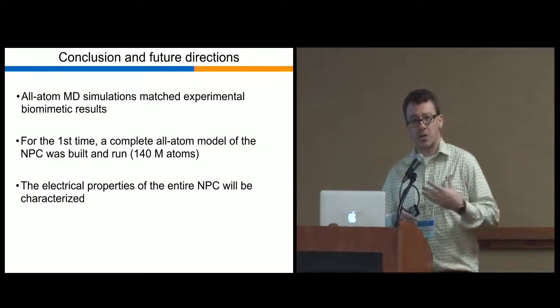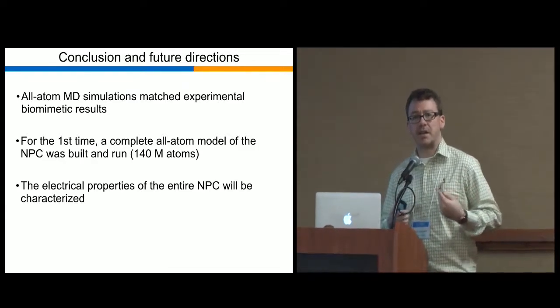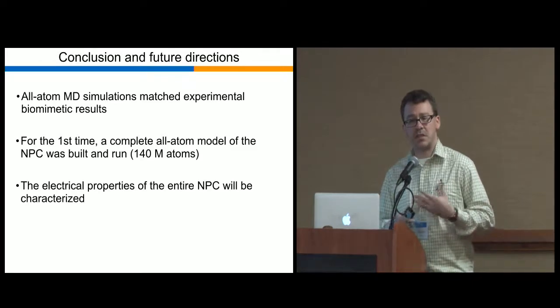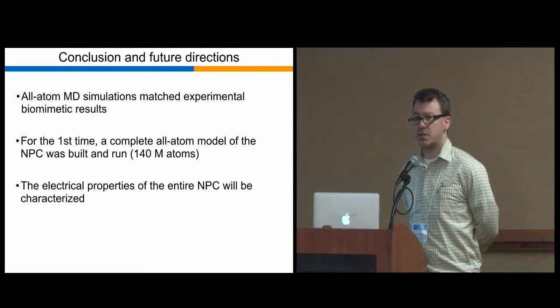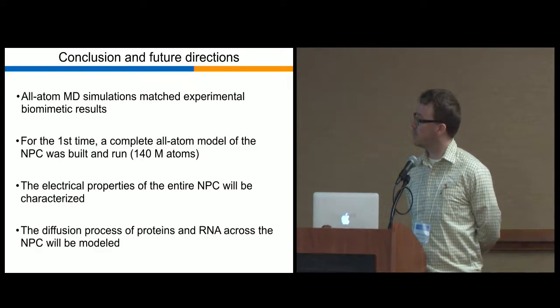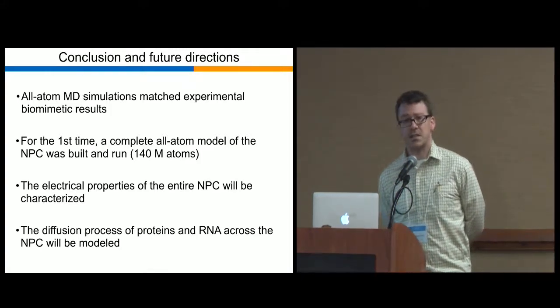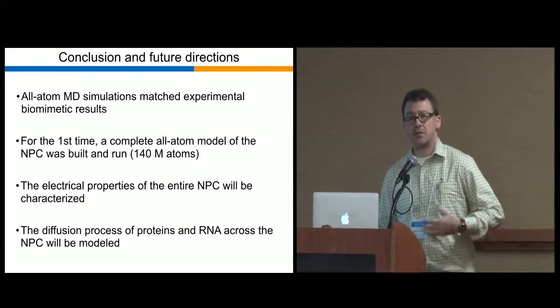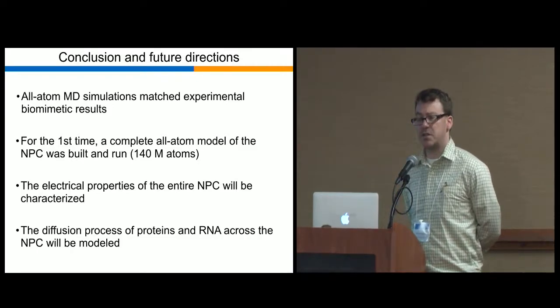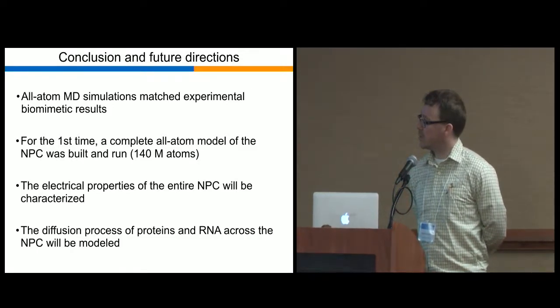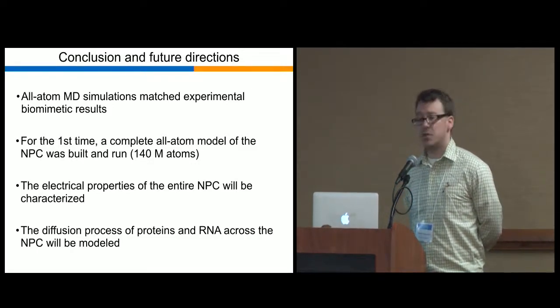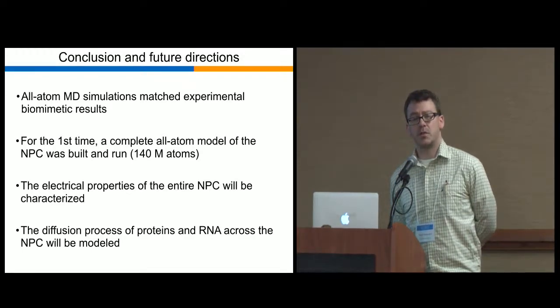We've started to characterize the electrical properties of that entire system, and we'll continue to do that with simulations where we apply an electric field. And lastly, as a future direction, we'll model the diffusion process of proteins and RNA across the nuclear pore, both in coarse grain and all-atom resolution.